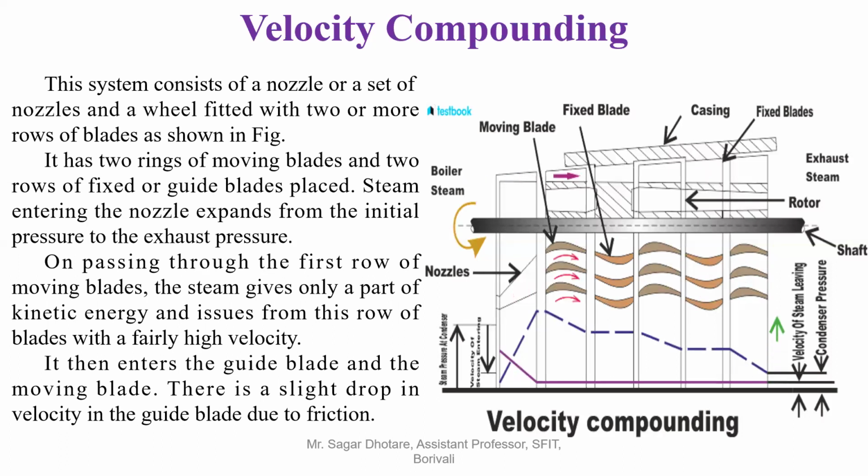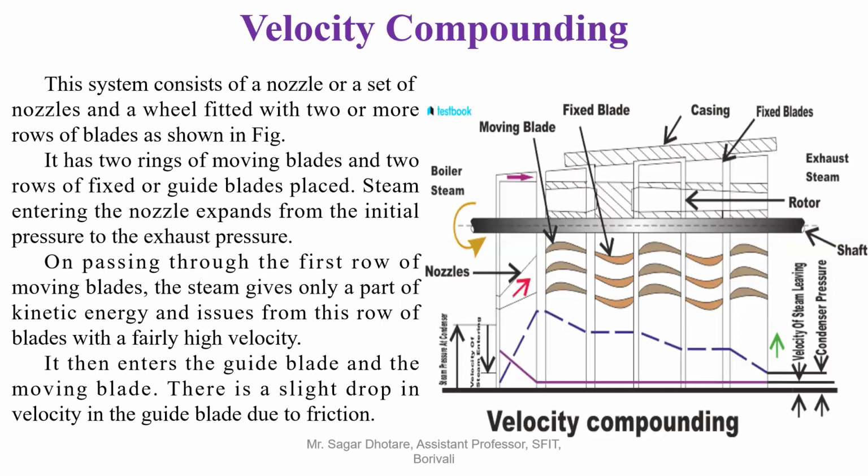In this way you can visualize the whole system properly. The figure shows a longitudinal section and the variation of speed, velocity, and specific volume of the steam for the velocity compounded turbine. It consists of a set of nozzles, rows of moving blades which are fixed to the shaft, and a row of fixed blades which are attached to the casing, as shown in the figure.